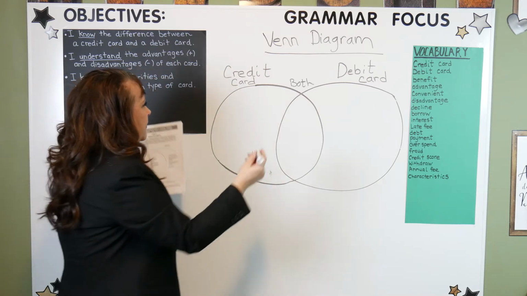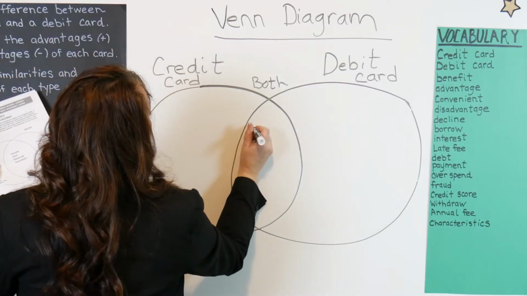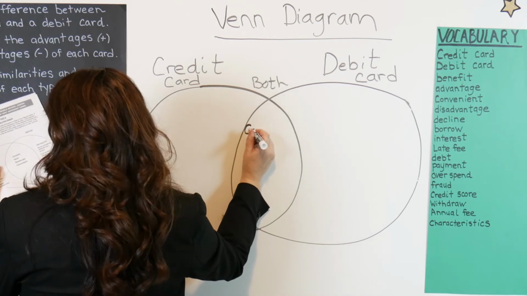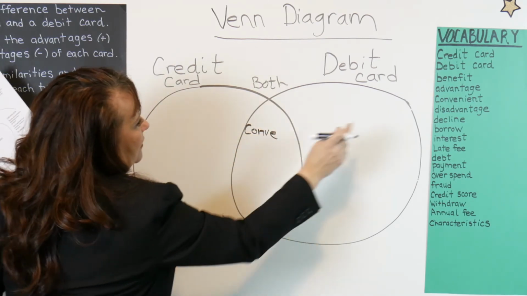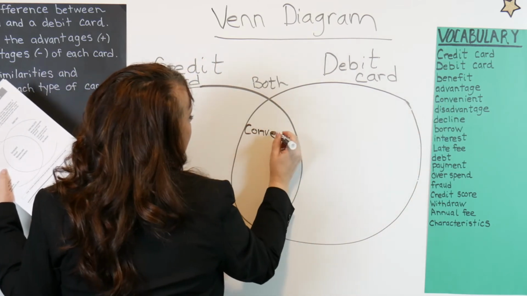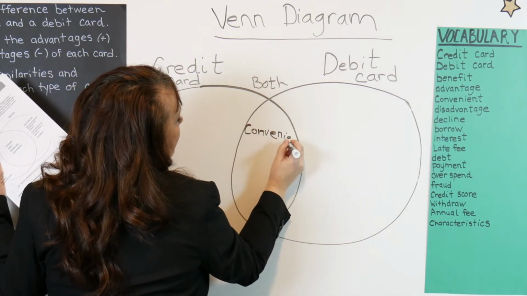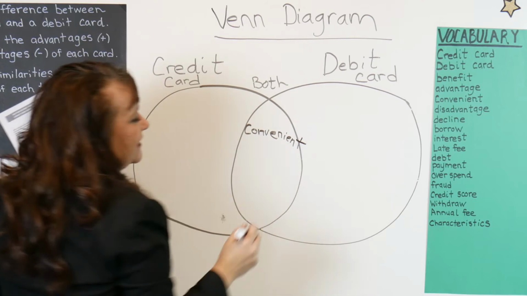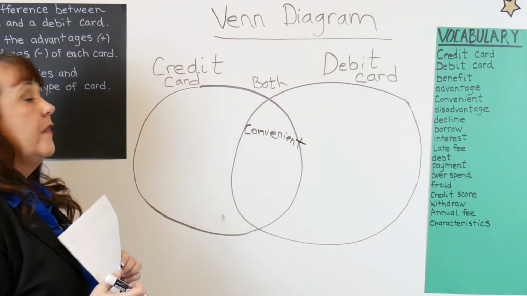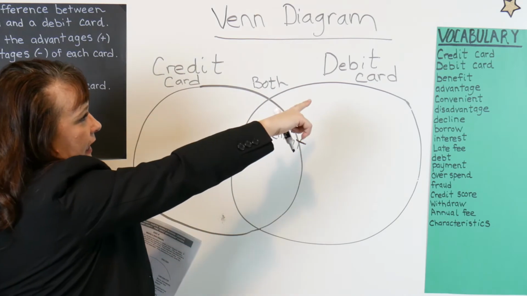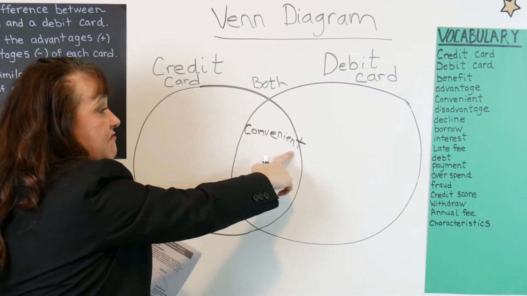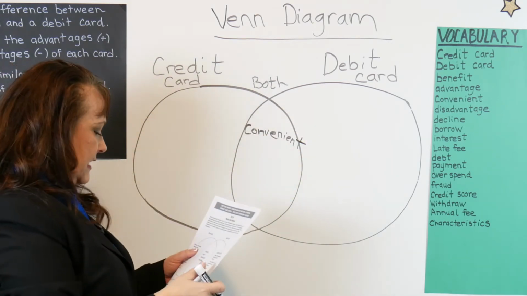So both the credit card and the debit card are convenient. You see the word convenient? That means it's easier than carrying cash. Both a credit card and a debit card are convenient. It's easy.